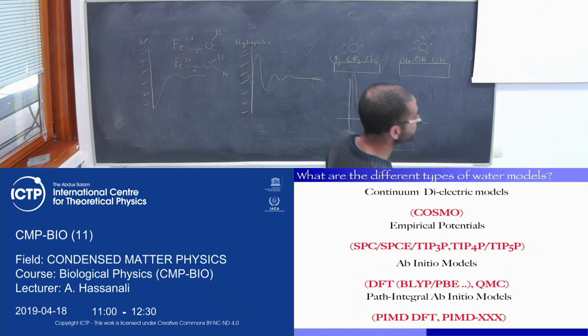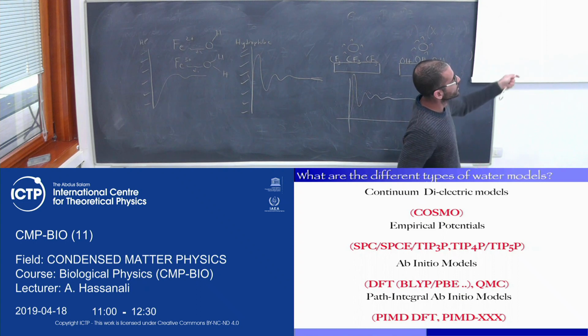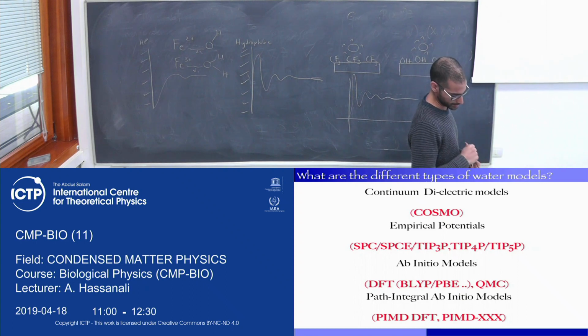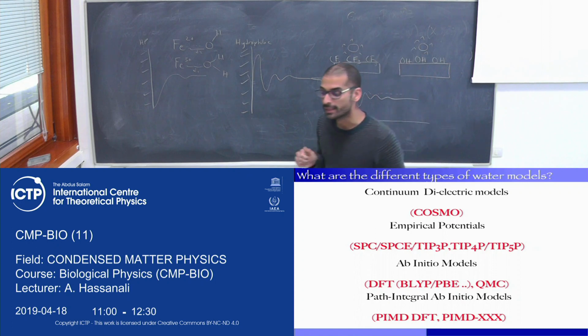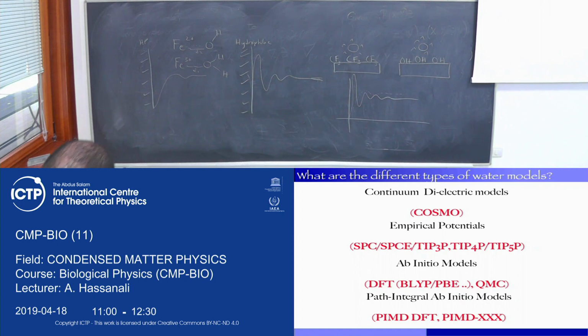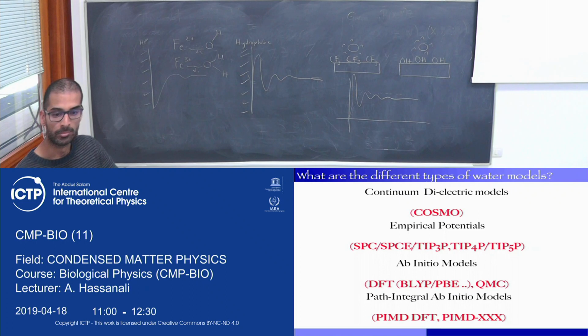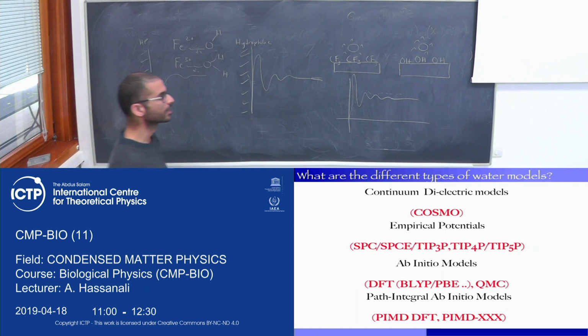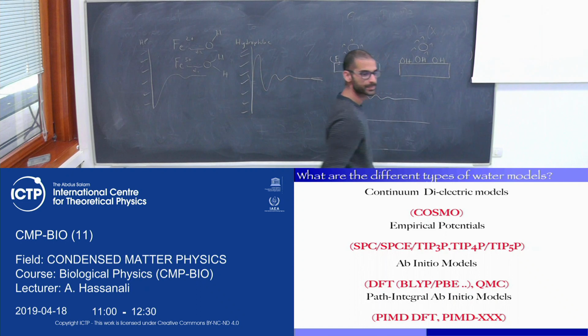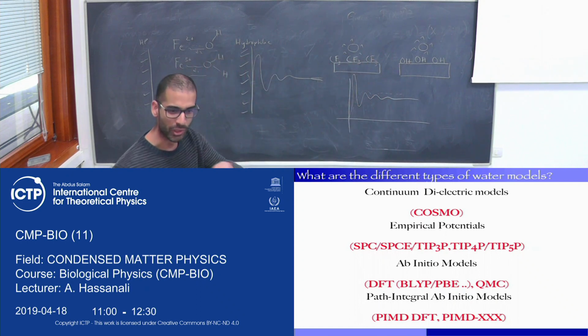But because you make assumptions, this is not exact. So now it's well known that in order to simulate water correctly, you need GGA functionals, generalized gradient approximation functionals, plus van der Waals corrections to treat the structure. If you just use standard functionals, it doesn't work. You have to correct for dispersion.